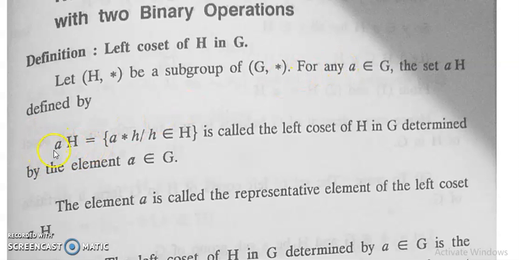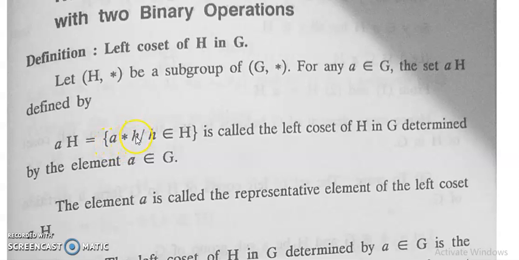So you take this a to the left of H, that is aH is equal to the set of all a * h such that h is an element of H, called the left coset of H in G. So this aH contains elements of the form a * h.